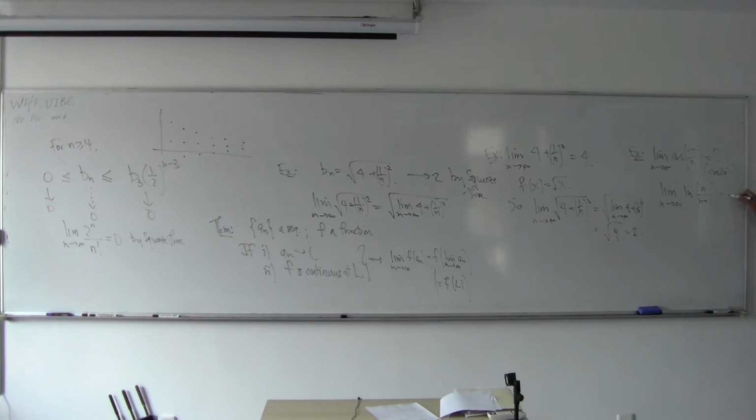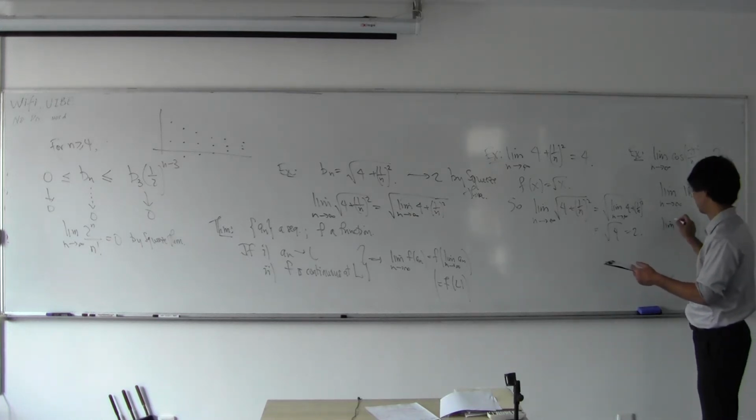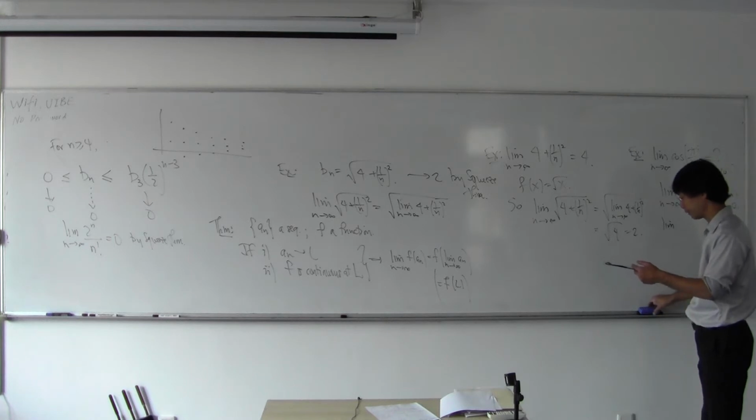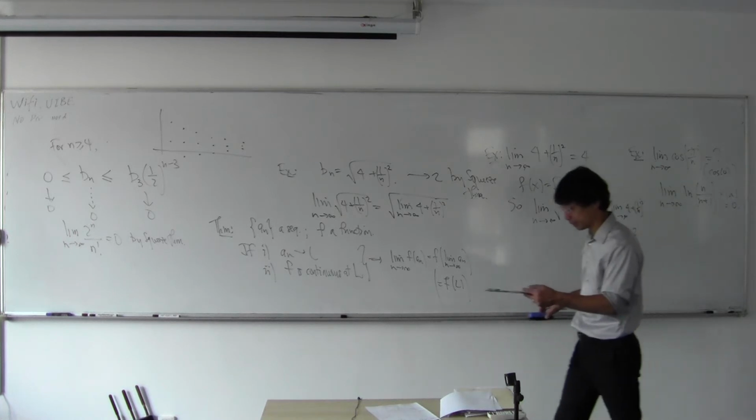Natural log of 1 is 0. So this is a pretty useful thing. You take limits of functions of things, you can slide the limit.